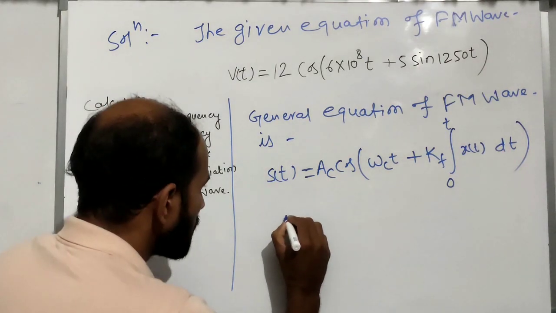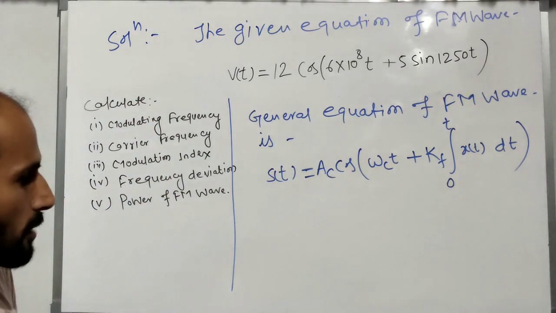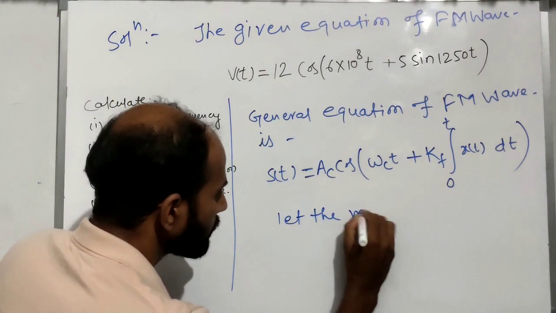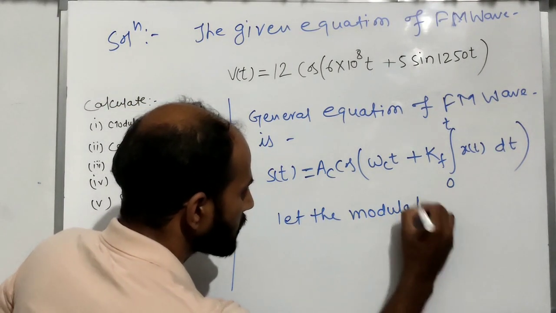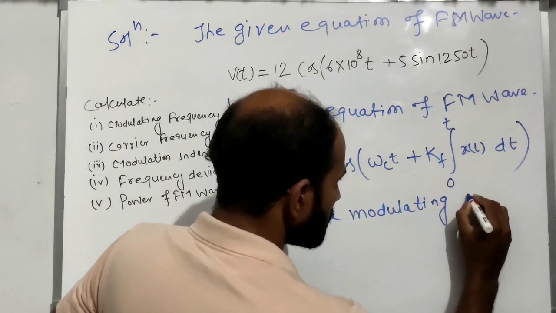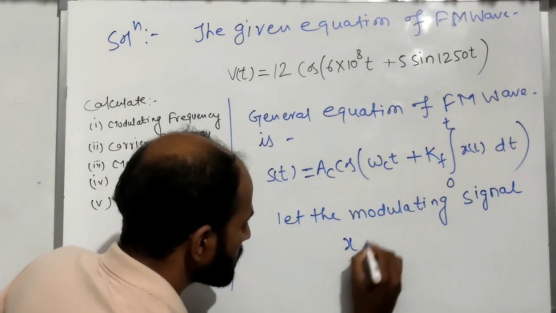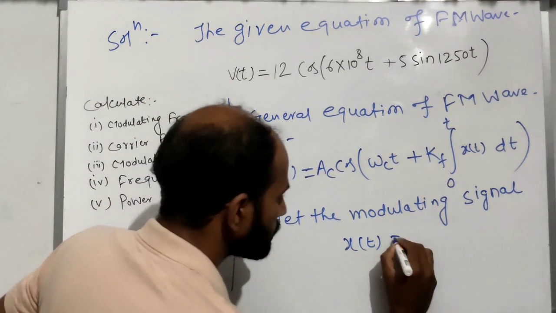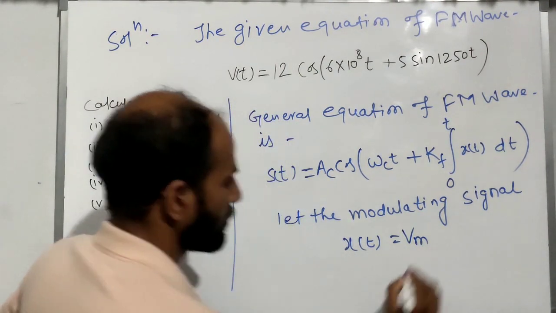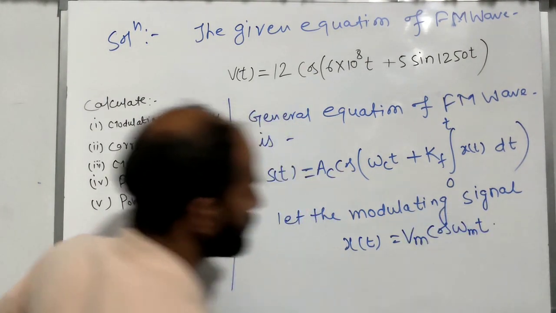So now we take x(t) as the modulating signal. Let the modulating signal x(t) be equal to Vm cos omega m t.